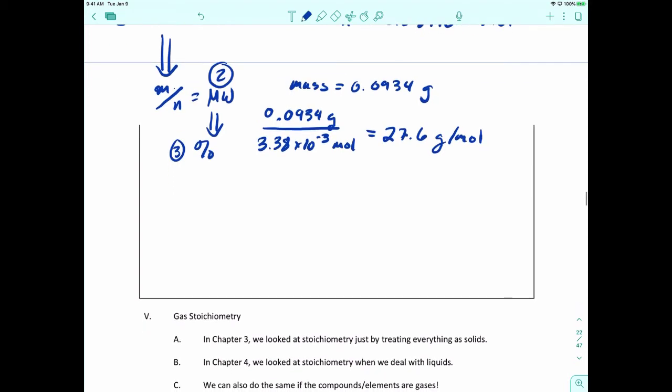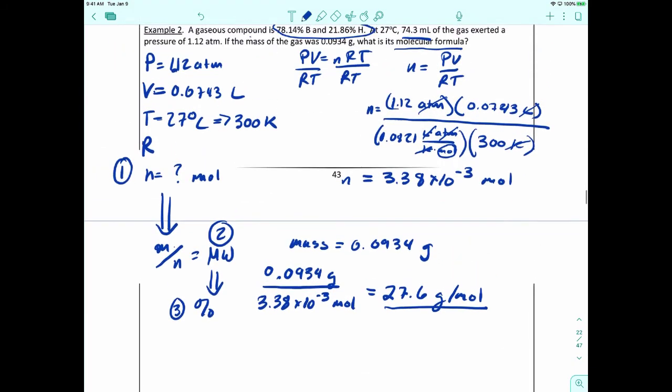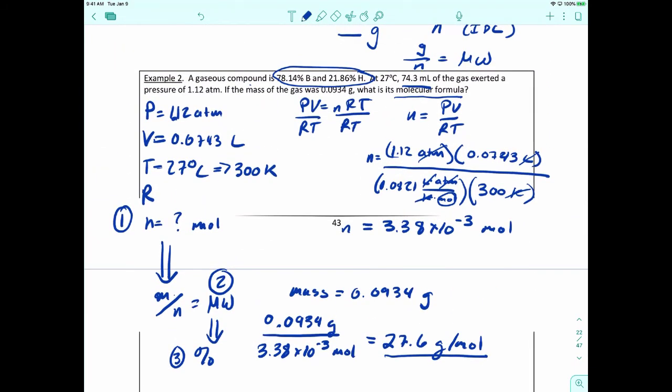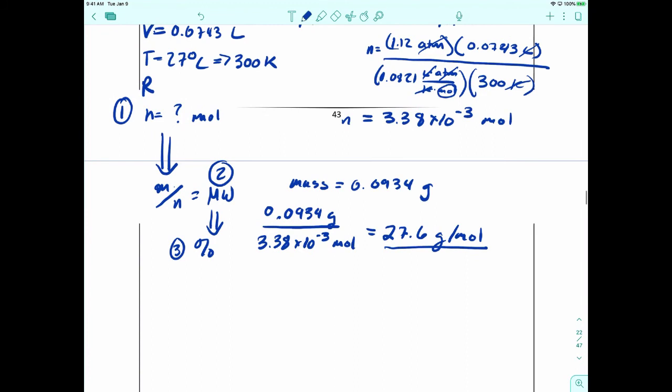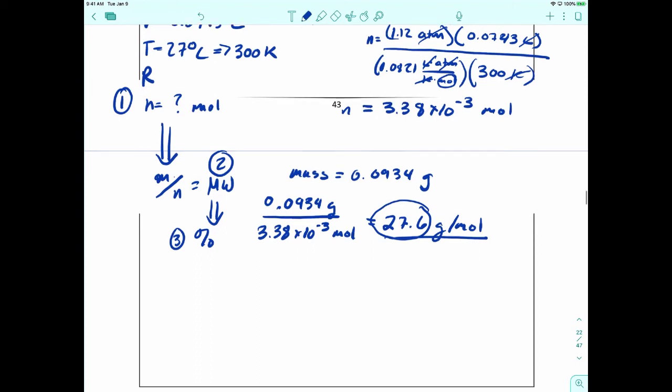All right, so now that we have our molar mass, what we could do is take our percentages, because we know that the compound is going to contain 78.14% boron. Let's figure out, out of this number, this 27.6, how much of that number is boron and how much is hydrogen.